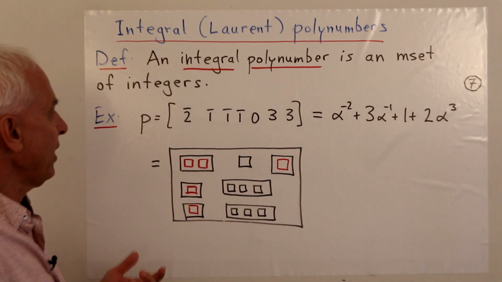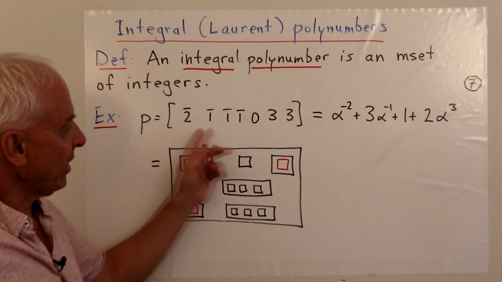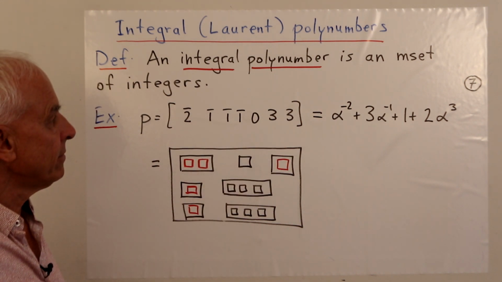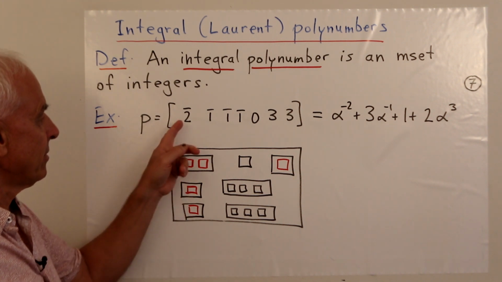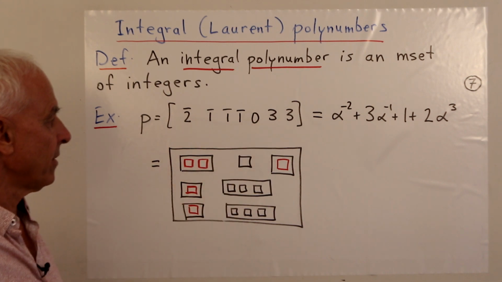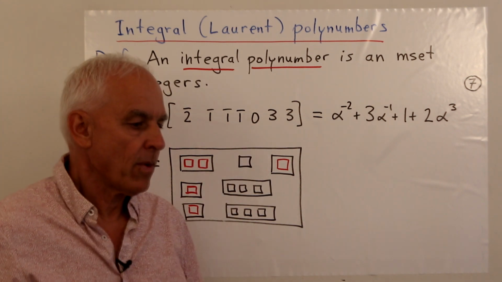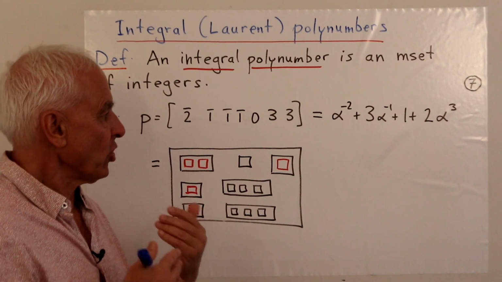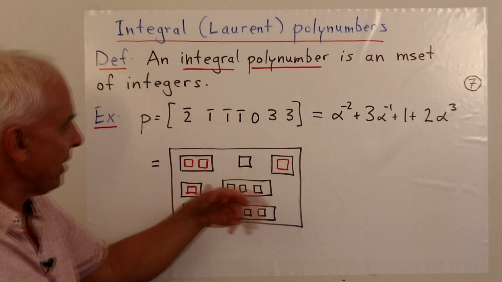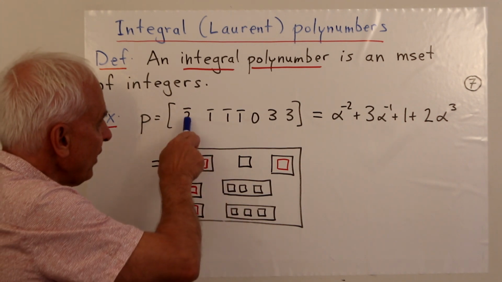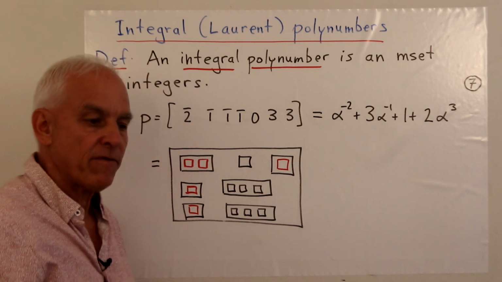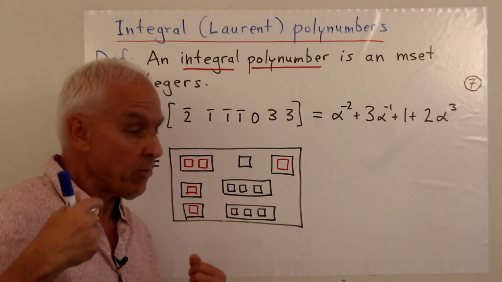So, for example, here's P, an mset of integers: -2, -1, -1, -1, 0, 3, 3. And we can now interpret this in an algebraic fashion by being consistent and thinking of these negative signs as just representing powers of alpha which have negative numbers as exponents.